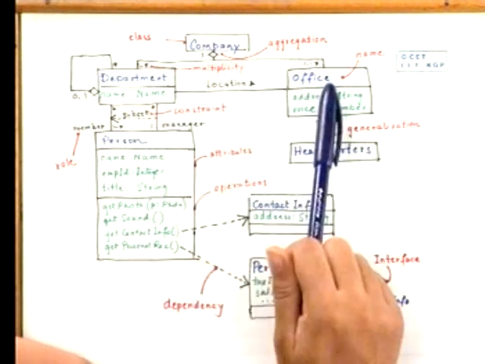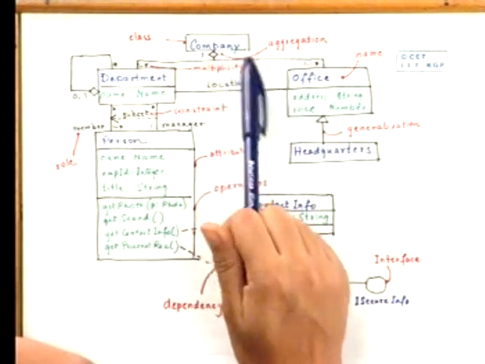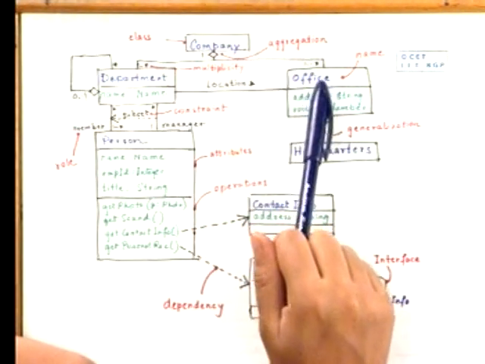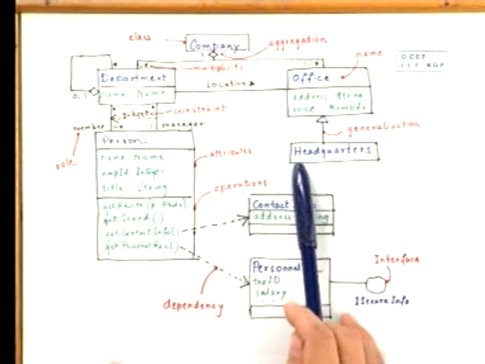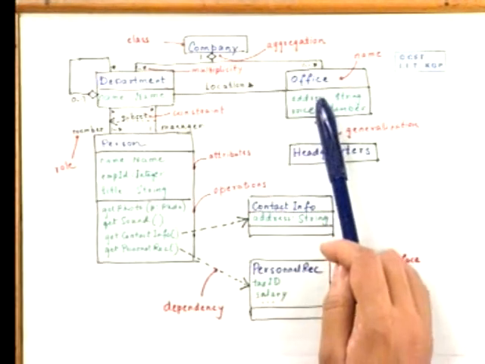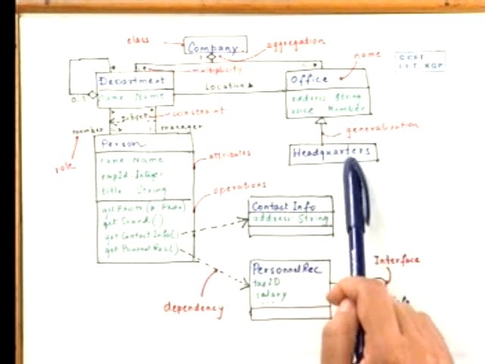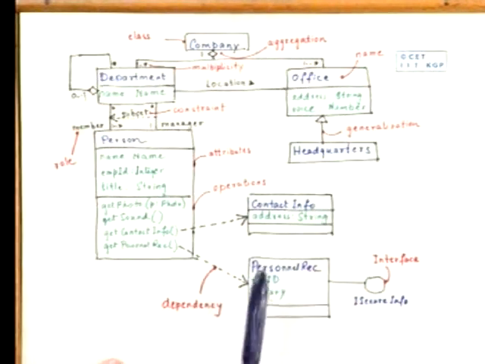A department is located in office. We have already said that there is an aggregation relationship between company and office. There's another class called headquarters, and office is a generalization of headquarters. So there is an inheritance relationship between office and headquarters.